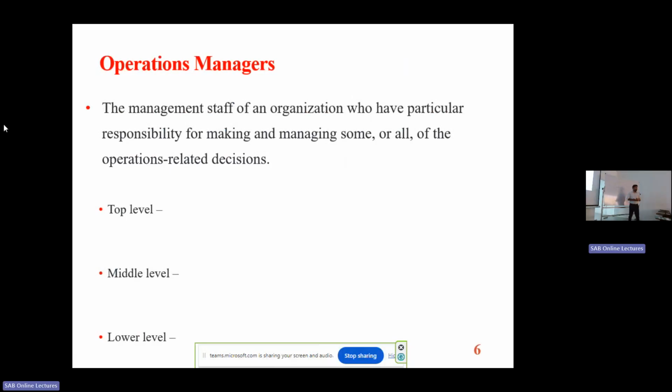The managing director is also responsible for the overall performance, so they also supervise the operations function. But who are the main responsible top level operations management positions?